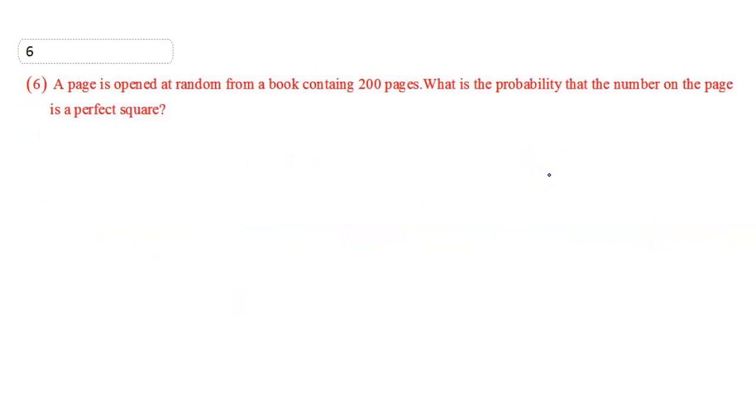Here a page is opened at random from a book containing 200 pages. What is the probability that the page number is a perfect square? Let S be the sample space, right?